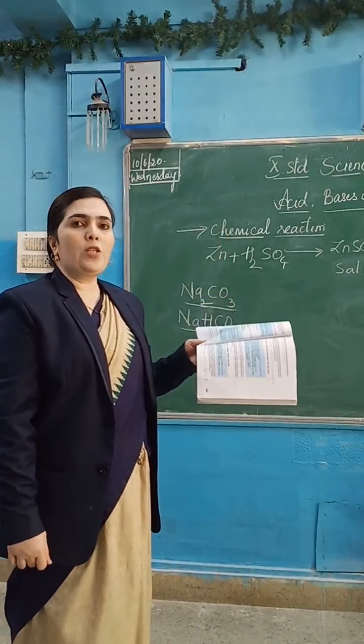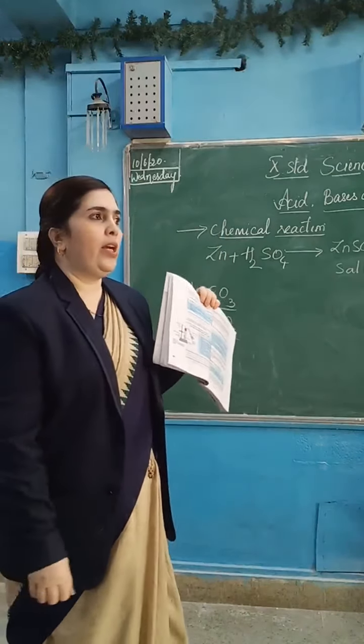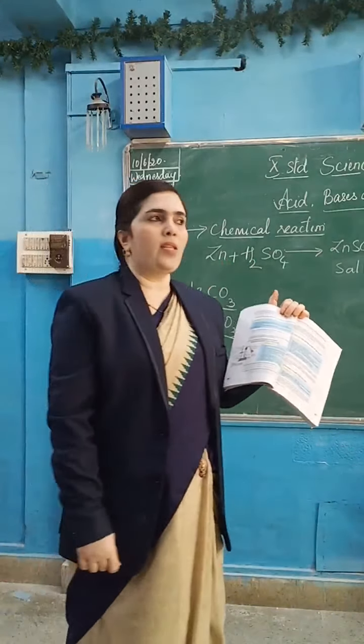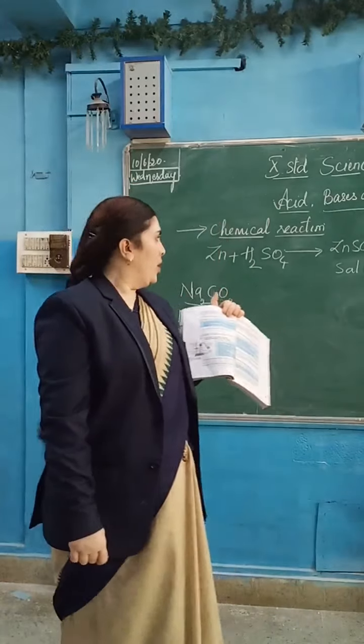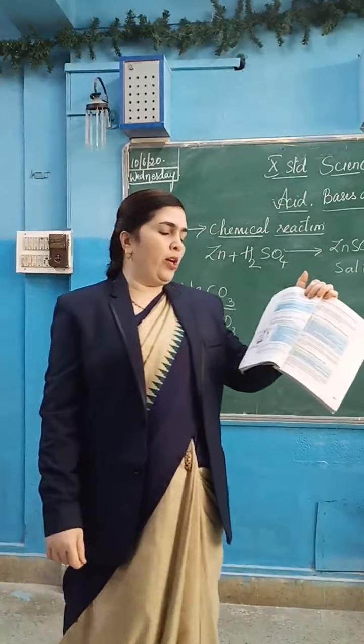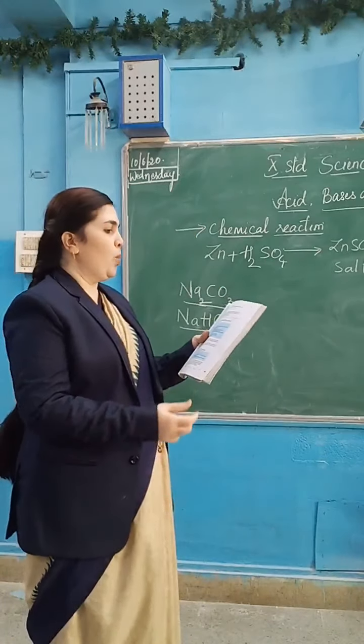Why does it turn milky? Because of the precipitate formed there, calcium carbonate. So this reaction is also very important, passing carbon dioxide gas in lime water, and the lime water turns milky. That equation also you go through once again.